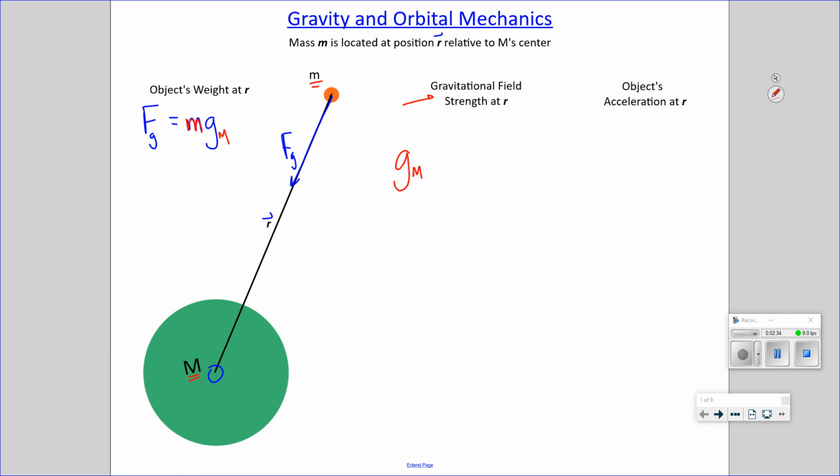And the field that an object makes, by definition, we can say, how strong is a gravitational field? Well, it depends on the magnitude of the mass that makes the field. It depends on how far from that mass's center you are, in particular the square of that distance. And in order to make the numbers and the units work out right, we put the big G, which is called the universal gravitational constant, in there. G is 6.67 times 10 to the negative 11th, in newton meters squared per kilogram squared.